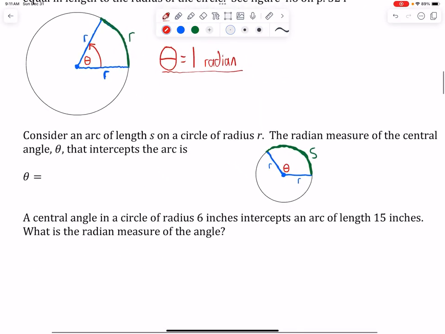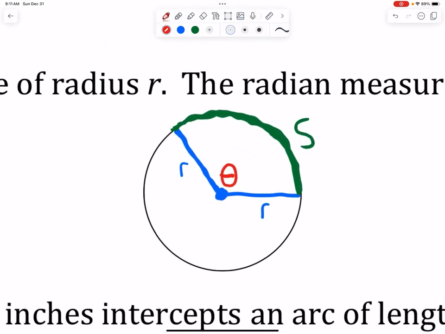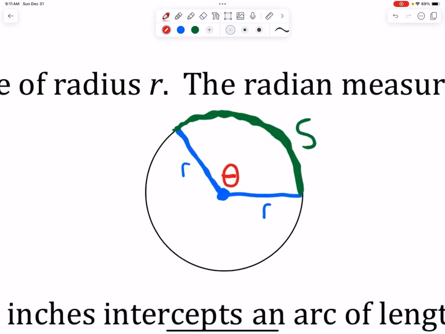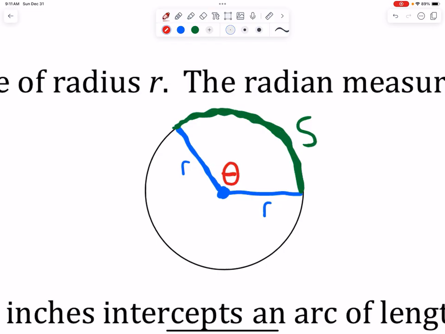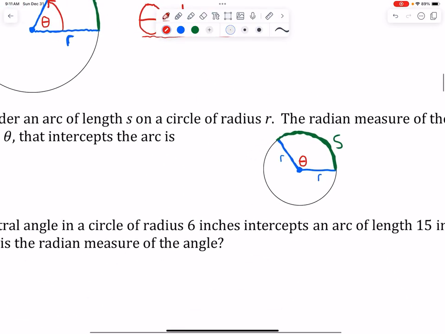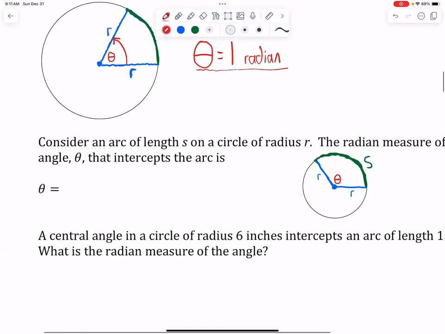If we look at this drawing here, suppose we have a circle with a radius of r and an arc length of s, and we want to calculate the radian measure of that angle. The angle measurement is equal to the arc length divided by the radius. This is how you calculate radian measure for various angles. You take the length of that arc and divide by the radius of your circle.